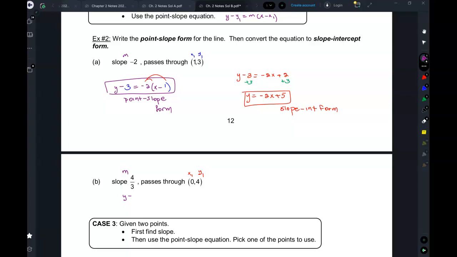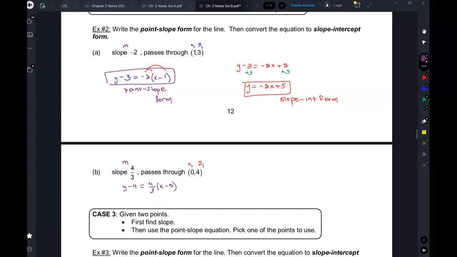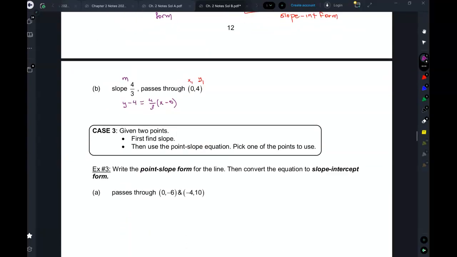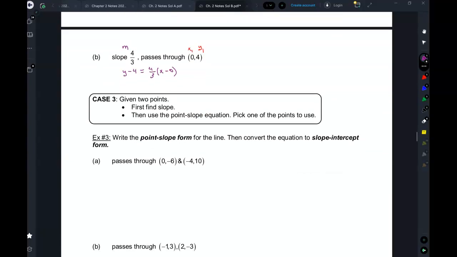So what do I put there? 4 equals m, 4 over 3 in parentheses, x minus what? 0. Okay, x minus 0. Of course we don't say x minus 0, so that'll be 4 over 3 times x. That's the point slope form.